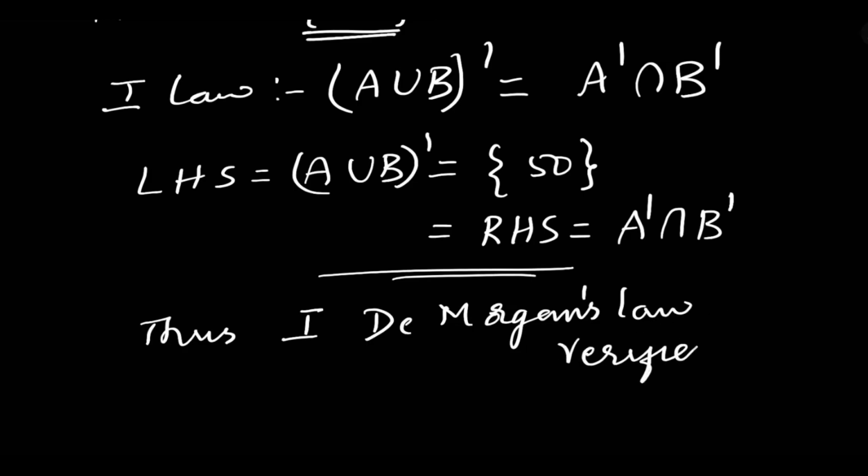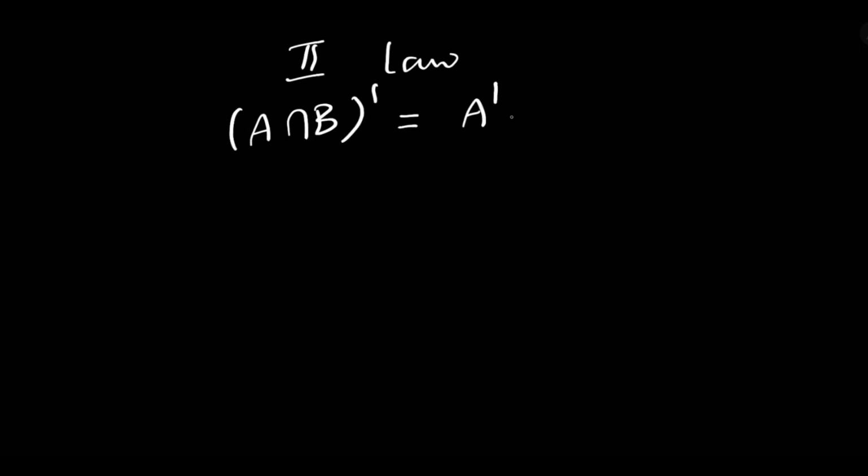Right? Now let us verify the second law. What does the second law say? A intersection B, the whole complement, is equal to A complement union B complement. Okay, let us verify this.